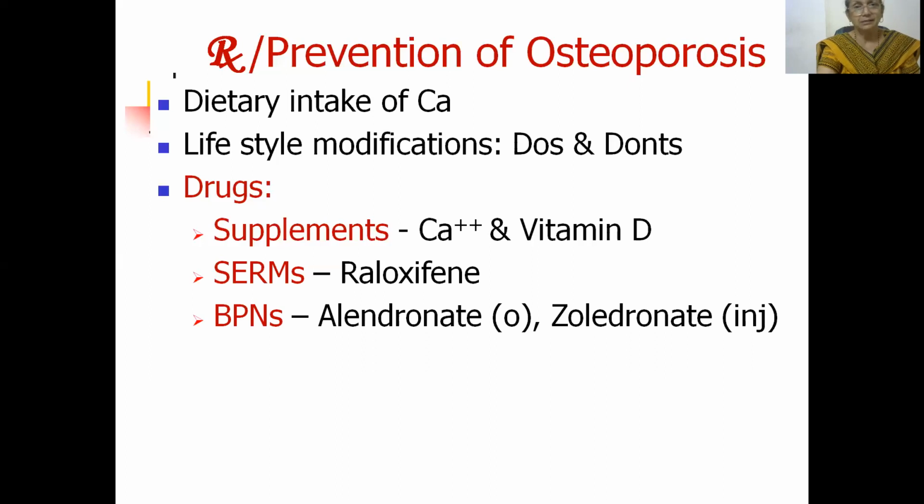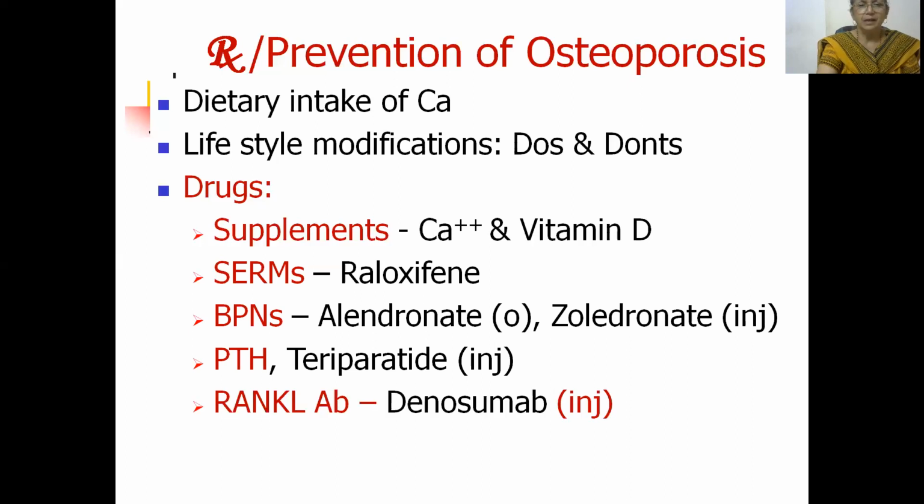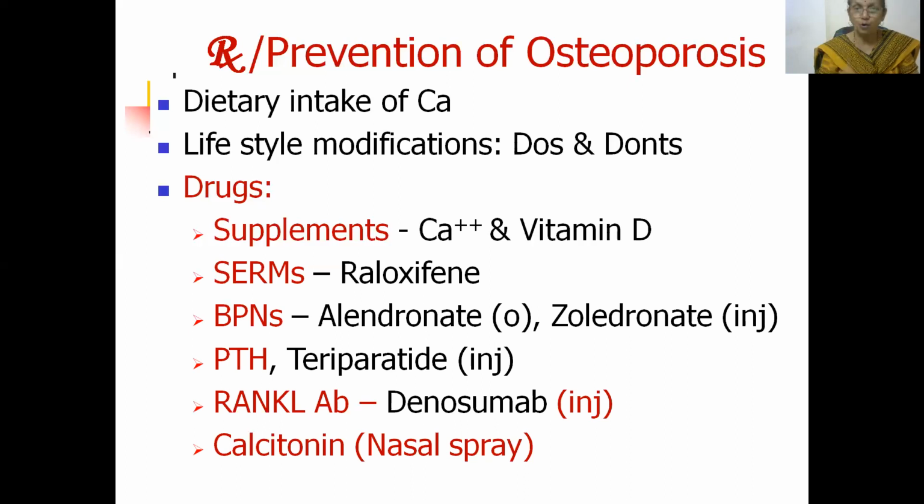Third line for very severe osteoporosis would be bisphosphonates, which are again oral or injectable. Parathormone is relatively safer than bisphosphonates but costly. Then denosumab works like alendronate, bisphosphonates, and also calcitonin.